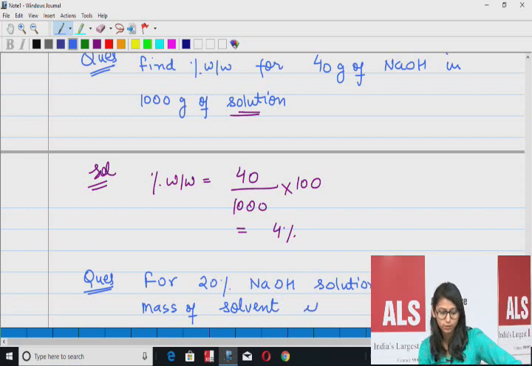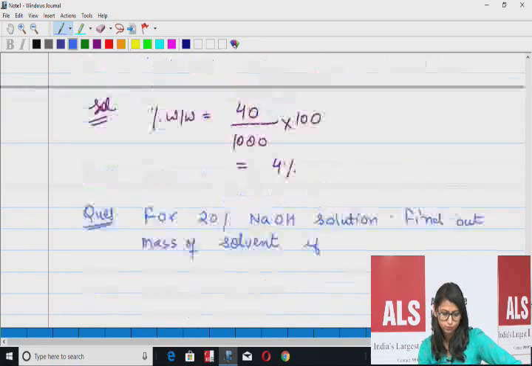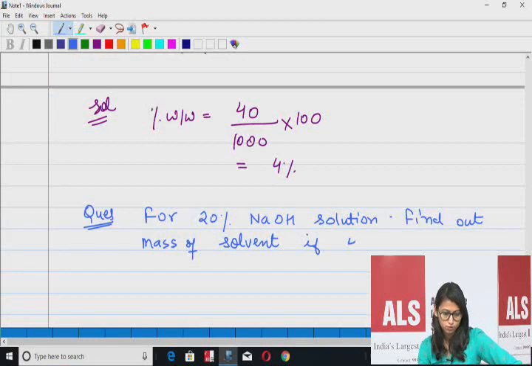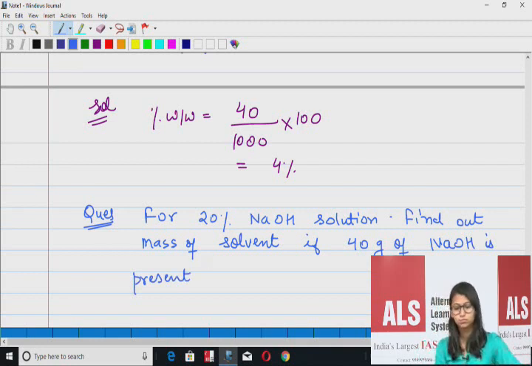Find out the mass of solvent if 40 grams of NaOH is present. Do it, tell me the answer. This time I have given you W by W, and the weight of the solute is also given to you. You have to find the mass of the solvent.